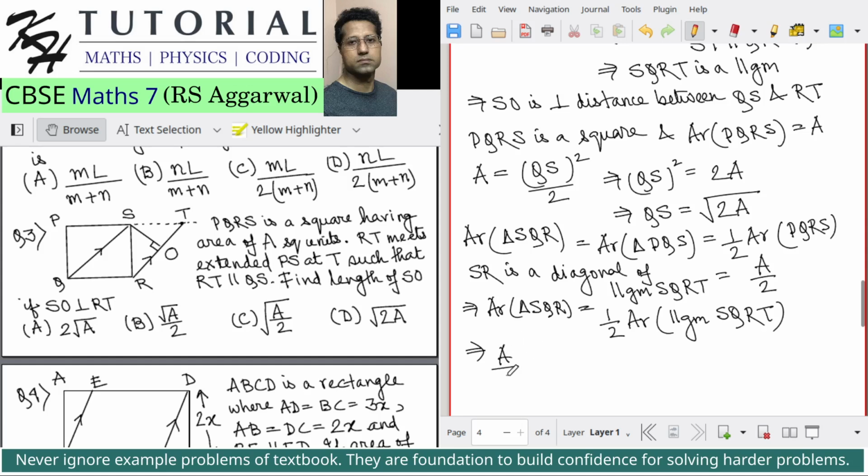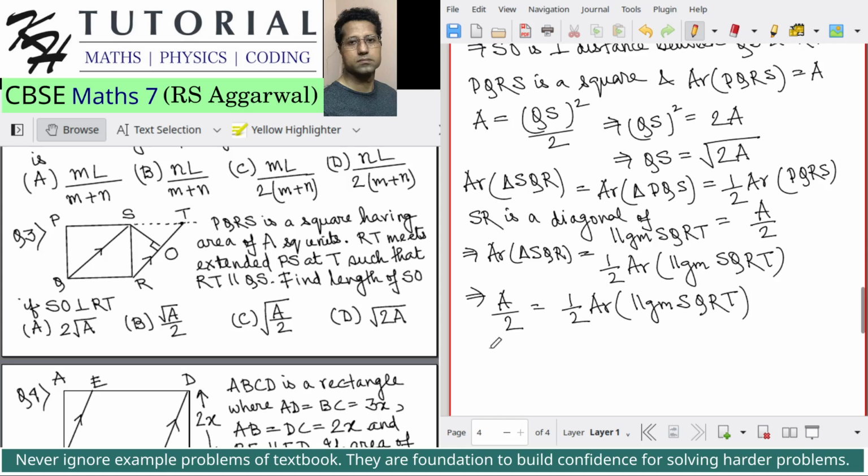So A by 2 is equal to half the area of parallelogram SQRT. From here we can easily find that the area of parallelogram SQRT will be equal to A.